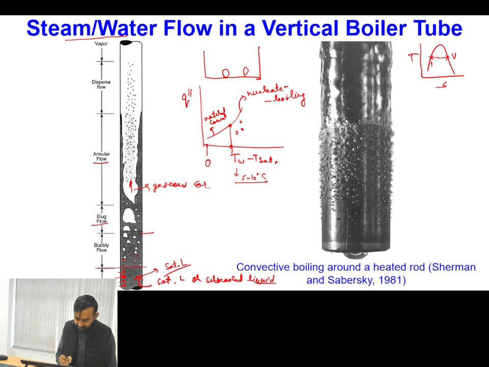Because of interfacial waves, this thin film leads to formation of small liquid droplets in the gaseous core moving at the center. Finally, when the entire liquid has converted into vapor, small liquid droplets may be present in the vapor, which is the dispersed flow regime, and at the end I get pure vapor.